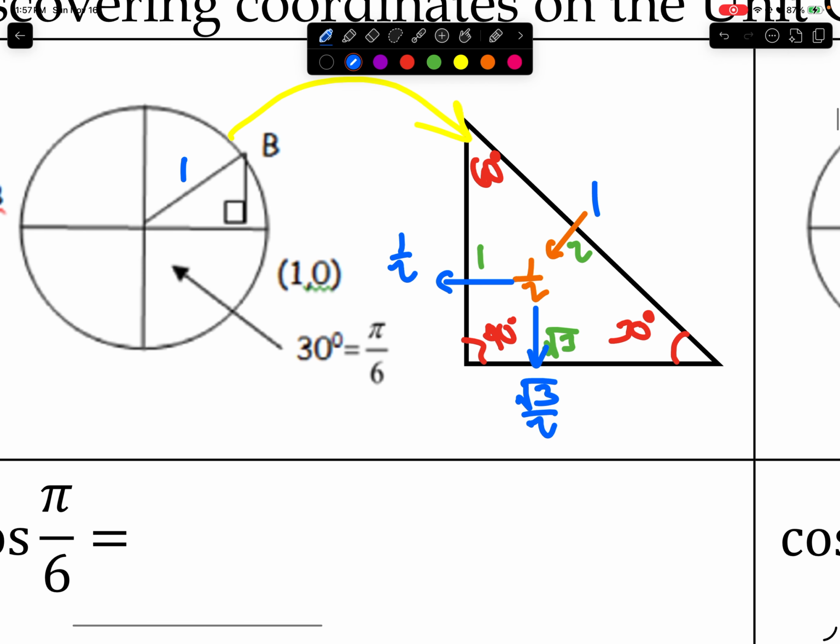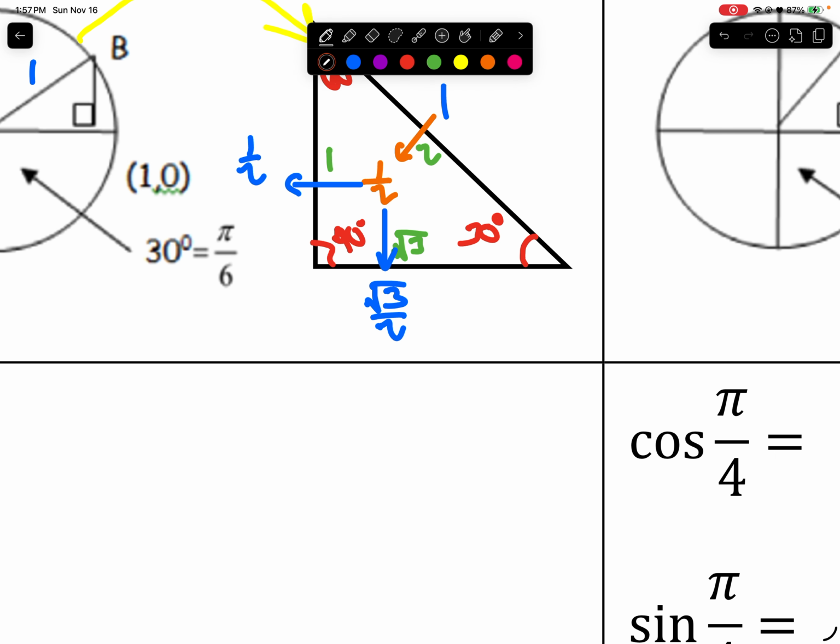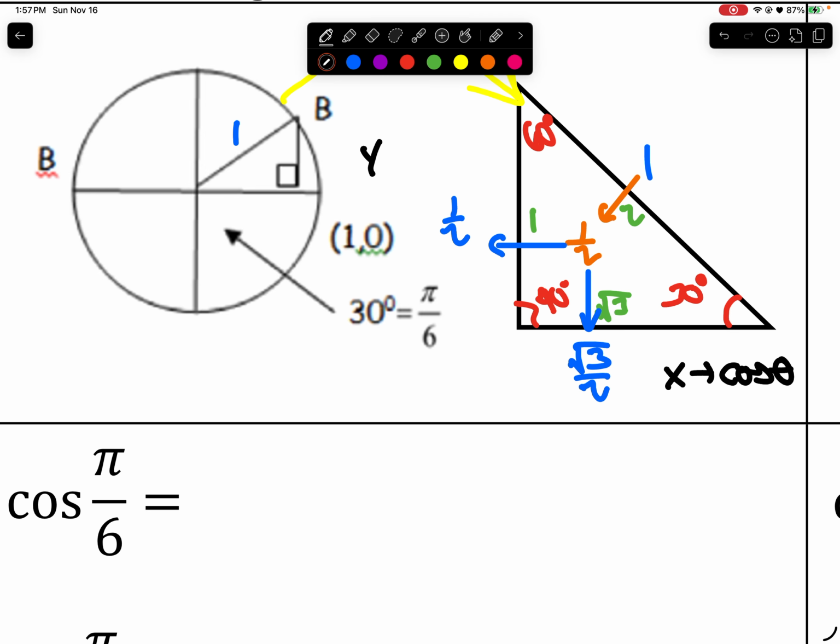Now, what's important is knowing the horizontal and vertical components. Remember, the horizontal component is your x value, which is in reference to cosine of theta. And my y value, my vertical component, is in reference to sine of that angle value. And in regards to the angle that we're using, 30 degrees, which is also the same as pi over 6.